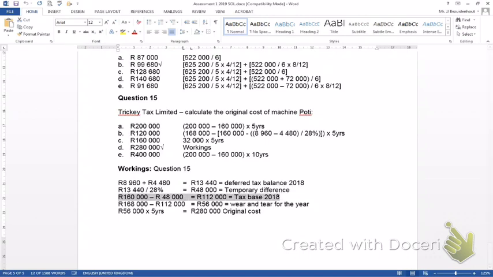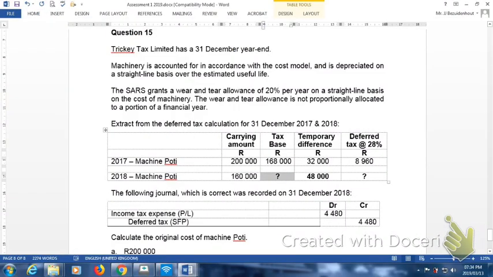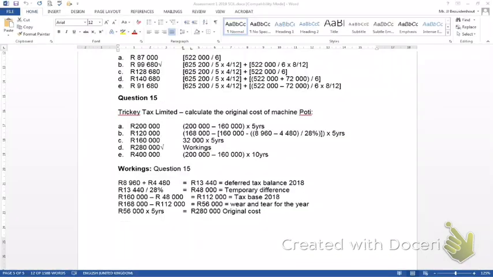Now that you've calculated 112,000, you can slot it in there. The difference between these two amounts will be the wear and tear for the year, which is 56,000.